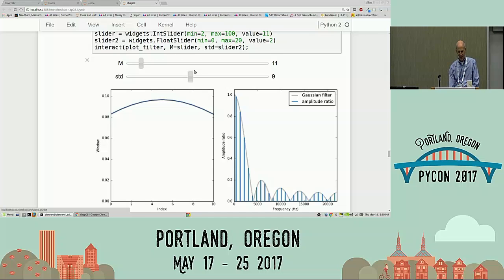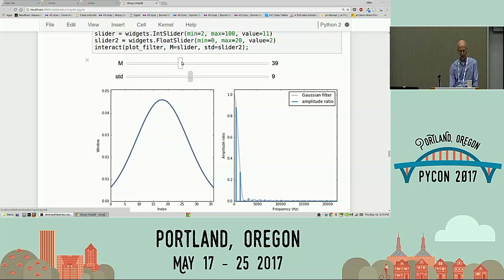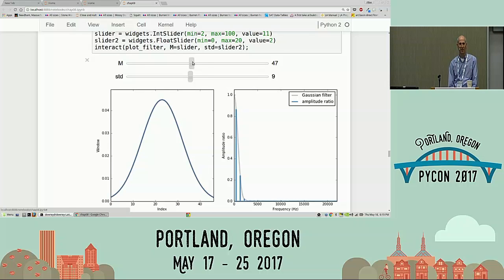But I can keep the standard deviation high and increase m. Now I have high standard deviation and a good approximation of a bell curve, and now I have a good quality low pass filter. This is keeping just a few low frequency components and everything else is getting cut off, and there's much less of that bouncy high frequency component left.